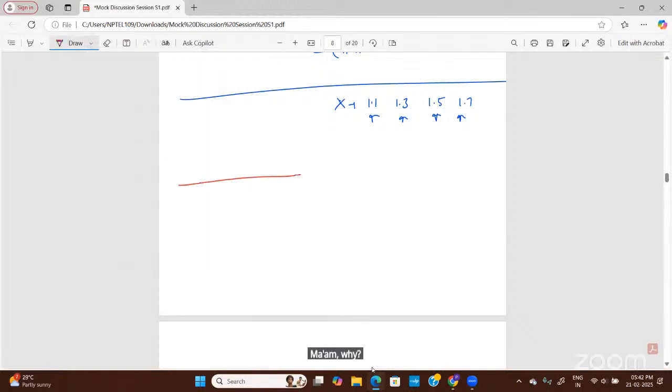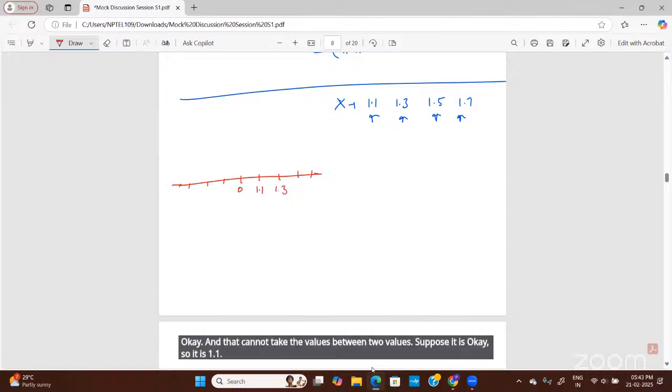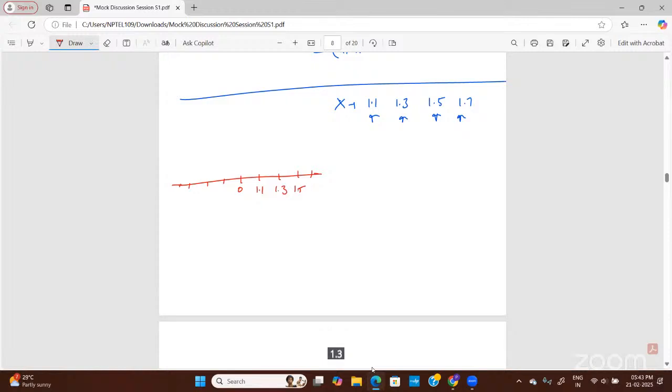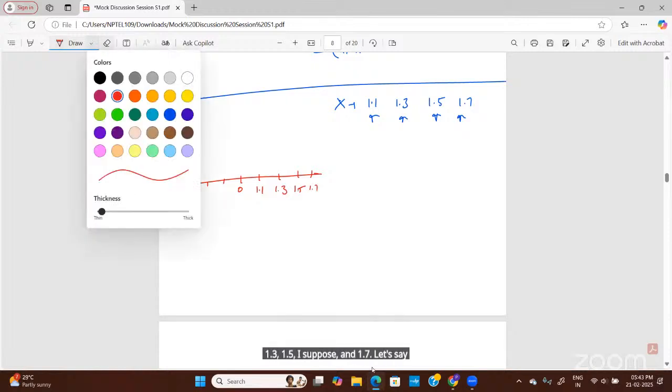So discrete is something that takes distinct values on the real line, and that cannot take values between two values. Suppose it is 1.1, 1.3, 1.5, and 1.7, let's say.